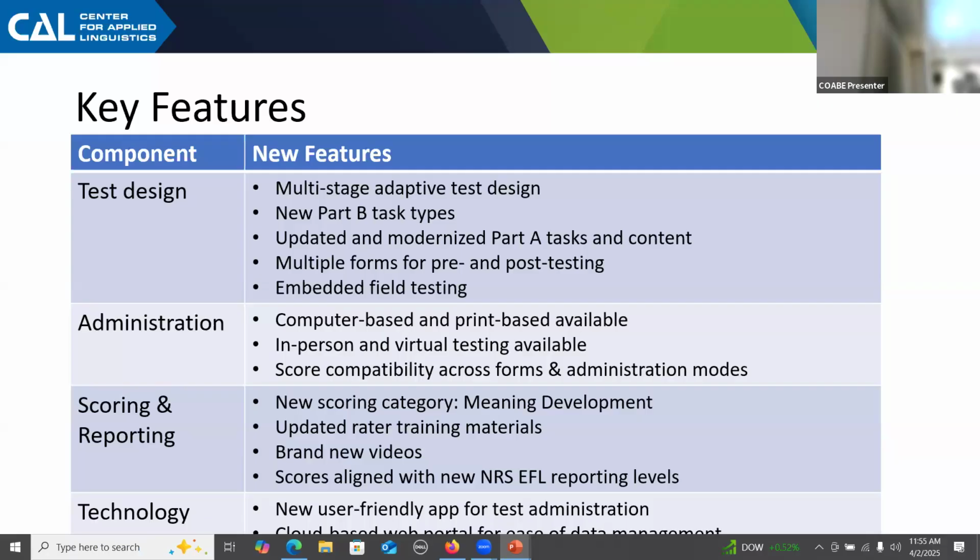We have conducted several studies that show score compatibility across paper-based and fully computerized versions. So either one that you use, they are comparable. With one caveat, though, that the print-based version only measures NRS levels 1 through 4. So the advanced levels, Part B tasks, are not available on the print-based version, and that is because the audio is required there.